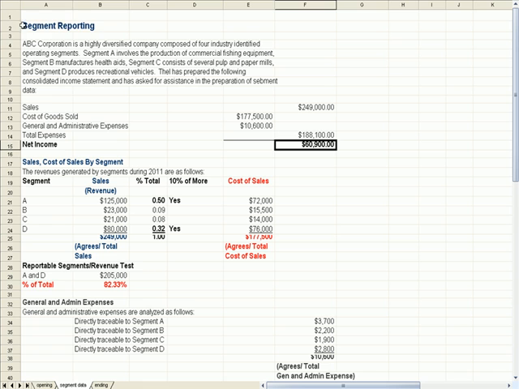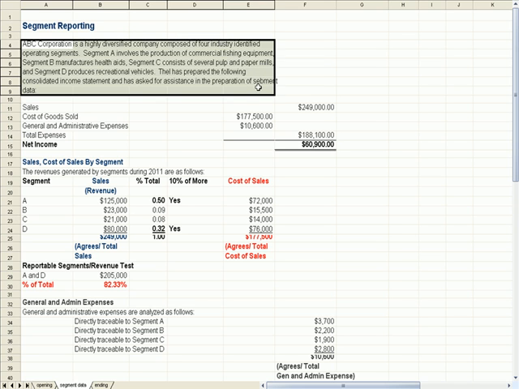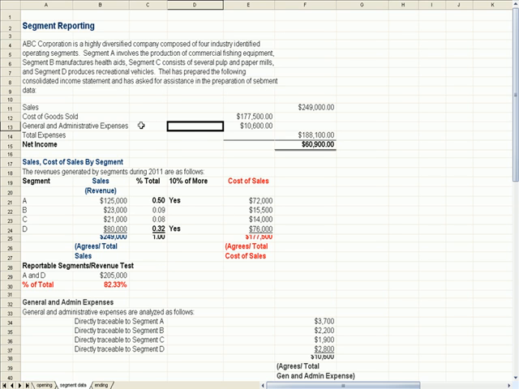So what is segment reporting generally? It's providing meaningful information to financial statement readers about pieces, segments, divisions of your business. What do I need to present that's meaningful? This is adapted from a student question that I received. ABC Corporation is a highly diversified company, and it has 4 industry identified segments that do different things.